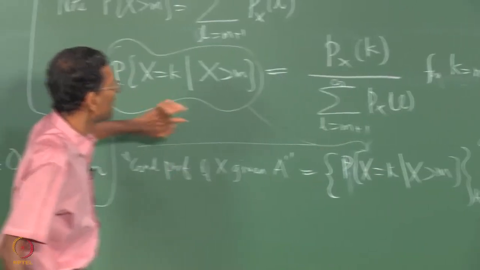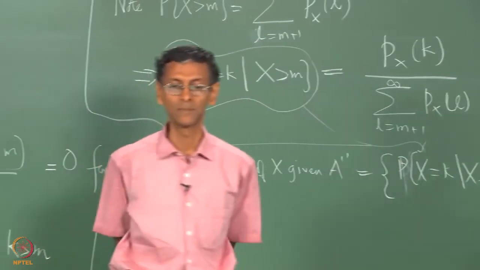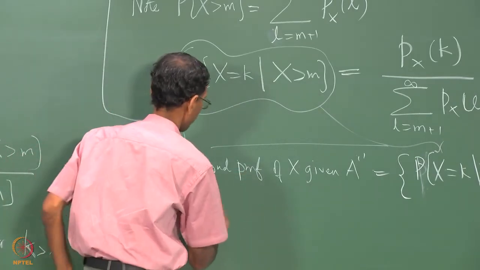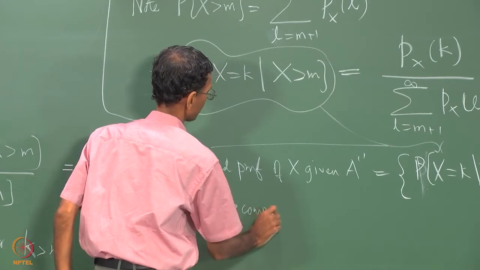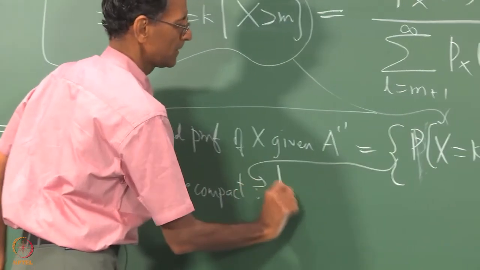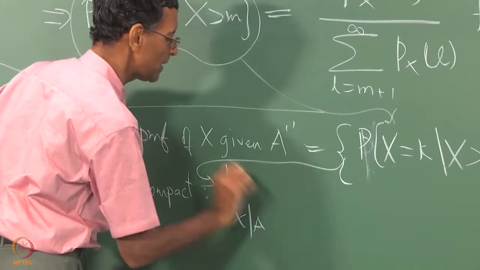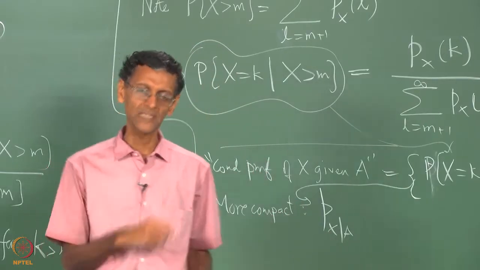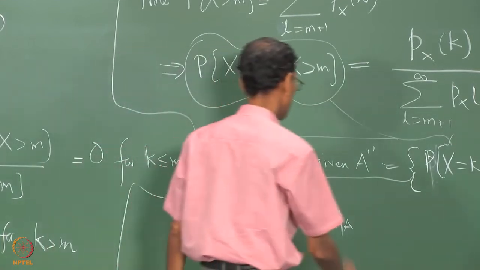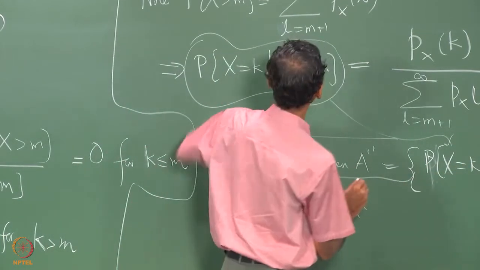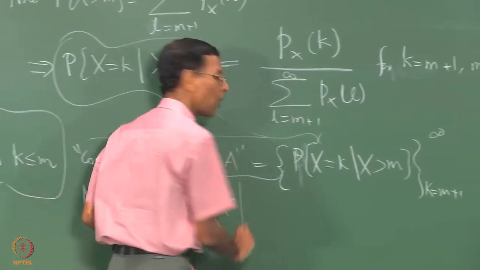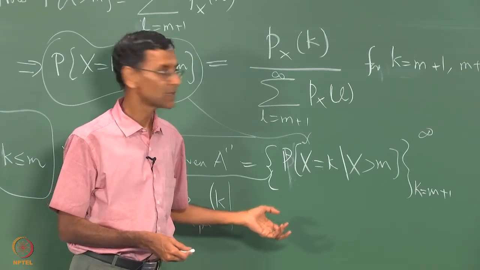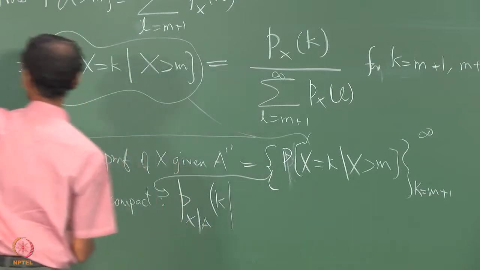Anyway, we need some more compact notation. The more compact notation that we will use in this course is, for this you write it as small p of x given A. This is written as a subscript, x vertical bar A, then you put the argument k, just like you had this k out here, and then you can optionally indicate the event, which is useful to do, because you do not know what the event A is unless you go and look at the context.